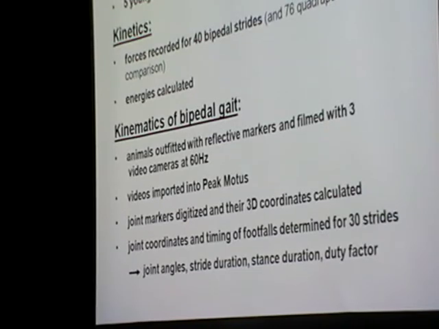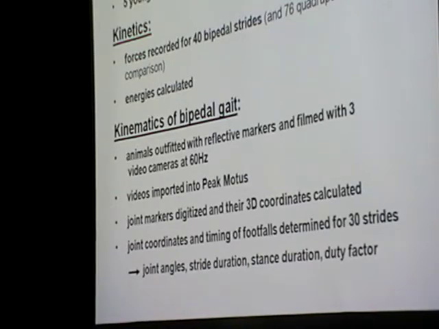So we had 5 animals total. Capuchin monkeys are quite clever monkeys. They are not easy to work with, and we couldn't get a full data set for all of them, but we pieced it together and recorded substrate reaction forces, calculated the energies in the way that I just described, and then put reflective markers on them and filmed them with multiple cameras, digitized joint coordinates, and a lot of it in our application is actually manual digitizing, so it's not auto-digitizing of little ball-shaped markers, but we work hard on this.